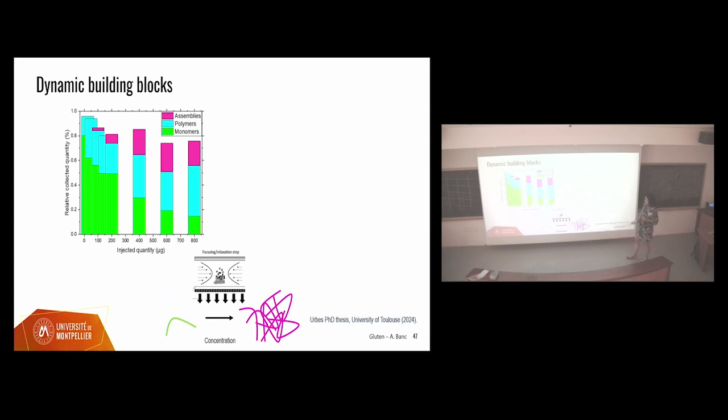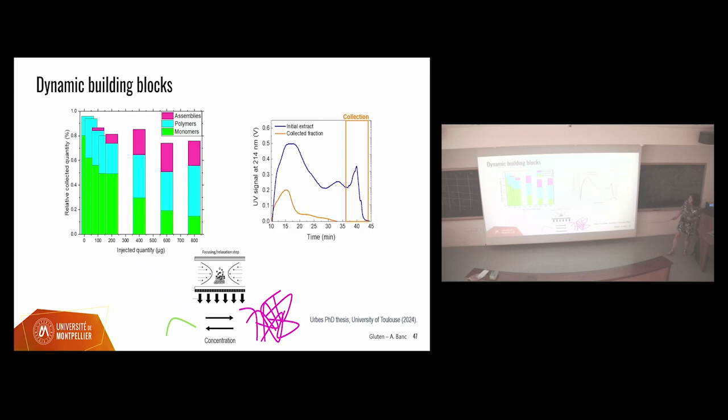And if you remember the principle of the technique, there's this focusing step at the beginning of fractionation, during which we form a very high concentration of protein at the bottom of the channel that could induce the formation of assemblies during this step.